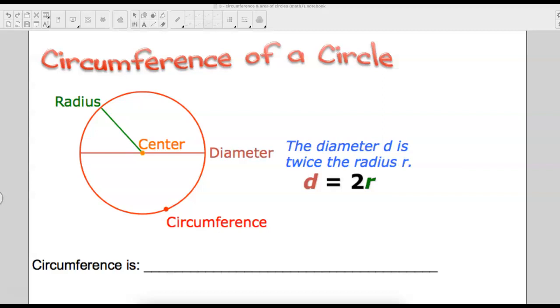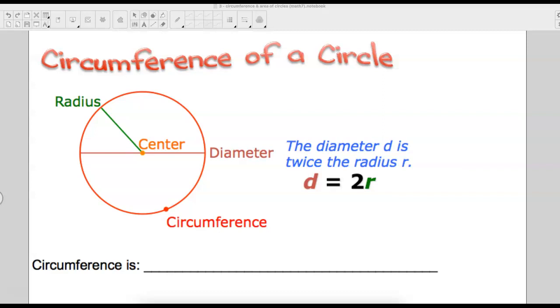The line that goes all the way across is the diameter. So label those things. The diameter goes all the way across. The radius goes halfway across.